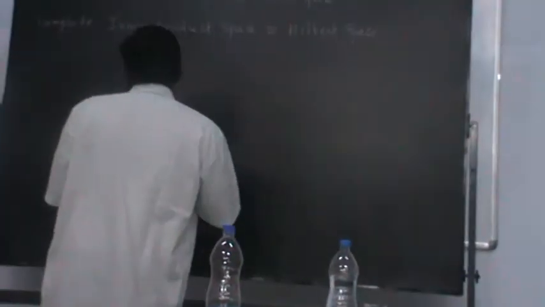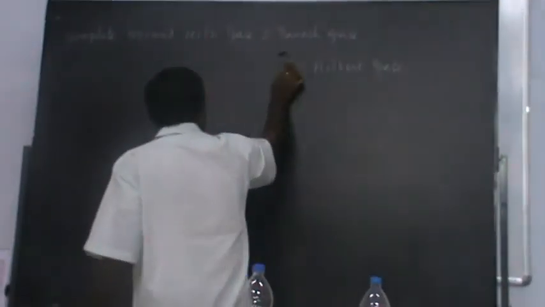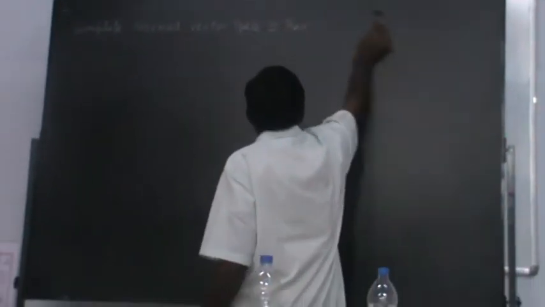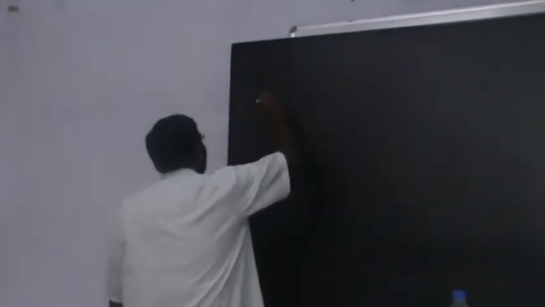For that, we have to define some more properties. Now once we define the inner product structure on the space, we can define one important property.